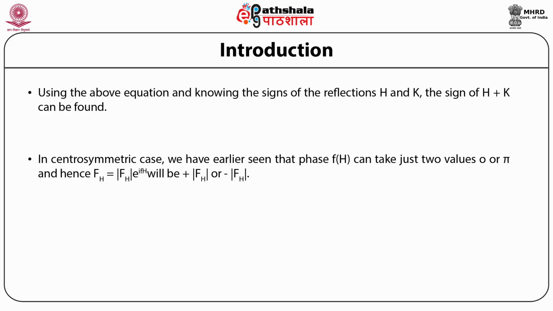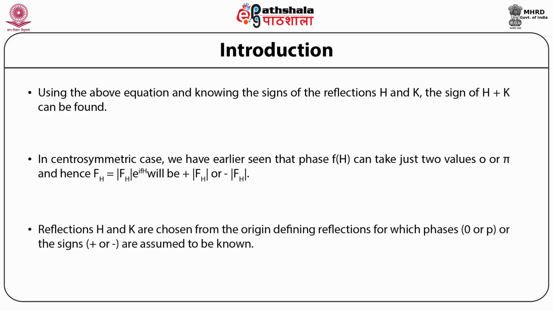Sin pi is 0, cos pi is minus 1. Therefore, F of h becomes minus mod F h. That is why I am telling you, in the centrosymmetric case, depending upon the two phase values, 0 or pi, the algebraic sign of the structure factor amplitude becomes plus or minus. So that is why you say in the centrosymmetric case, the phase problem becomes the problem of assigning algebraic signs to the structure factor amplitudes obtainable from experiment.